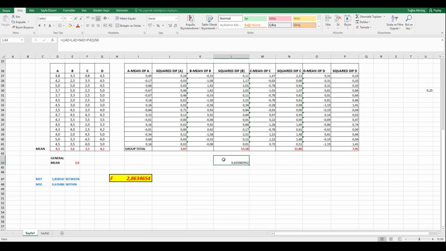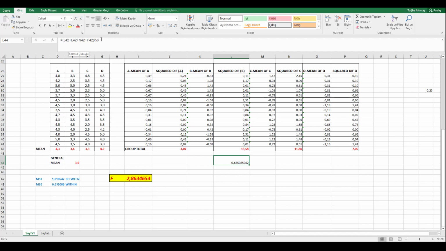If you look at this cell, you see almost 0.64, and this is 3.07 plus 13.58 plus 11.86 plus 7.05, and you divide this total by 56.